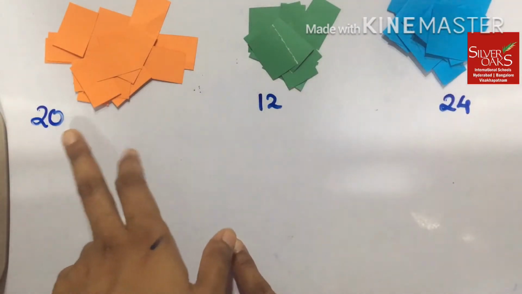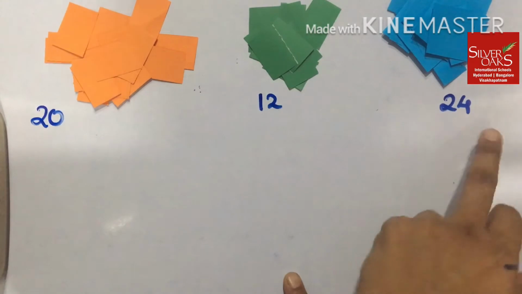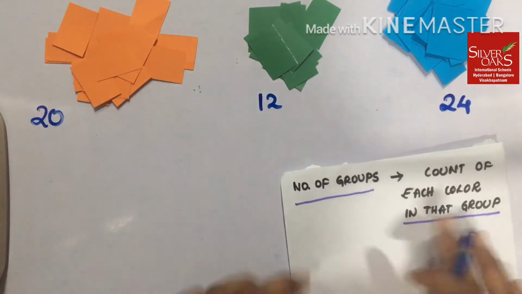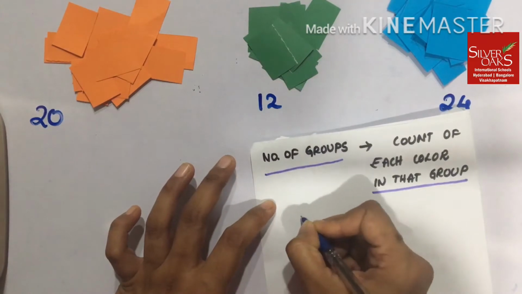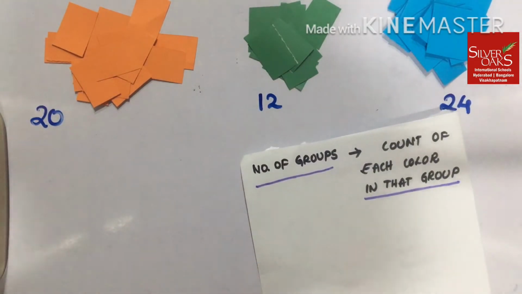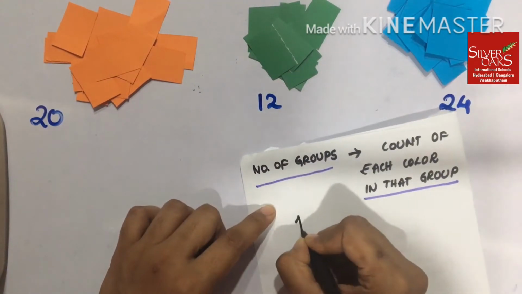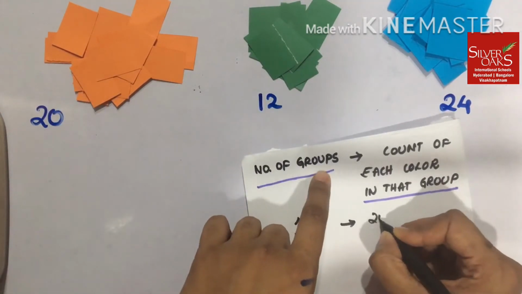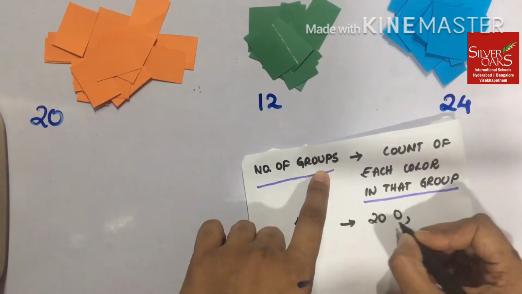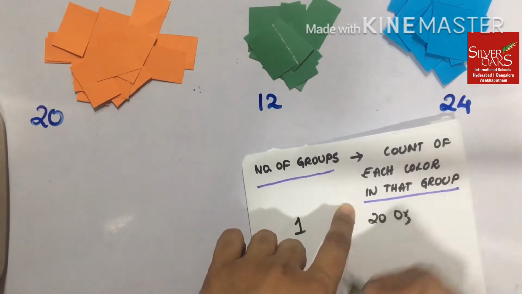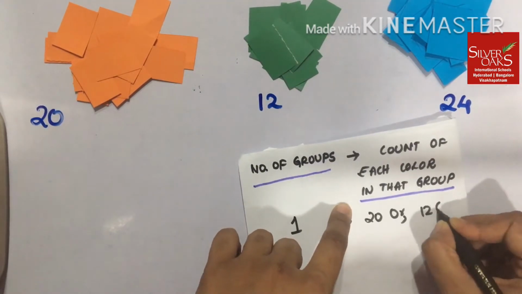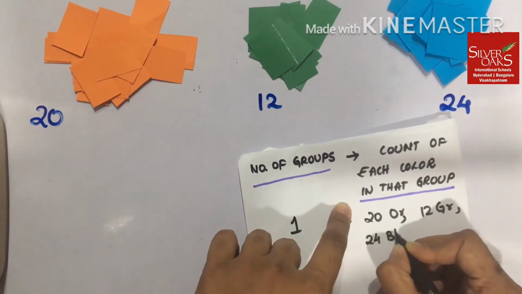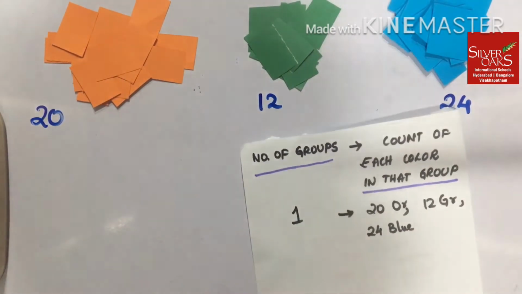So as I have 20 orange, 12 green, and 24 blue, I can just form one group, isn't it? So if I just form one group, I can include all my 20 orange, 12 green, and 24 blue in this same group.